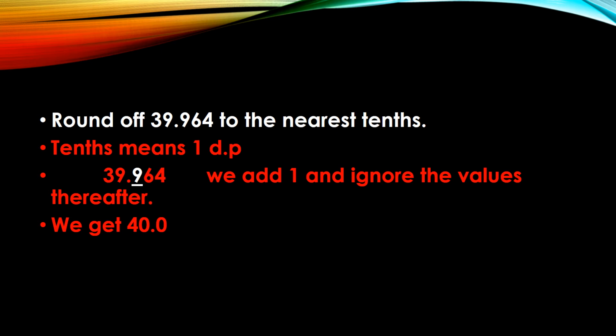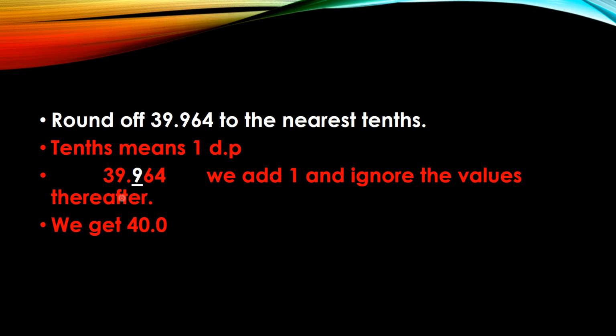Again, when you talk about decimals to the nearest tenths, if I might remind you, we said that tenths means 1 decimal place, or rounded off to 1 decimal place. Or if you look at the digit which is in the tenths place value, remember when you have a decimal number, the first digit to your right is tenths.